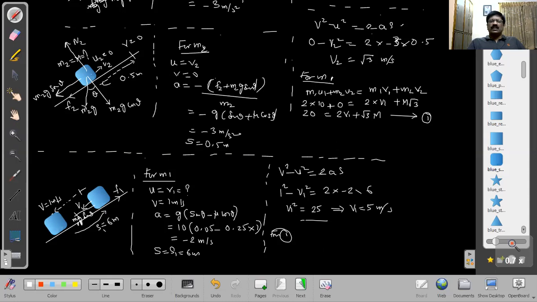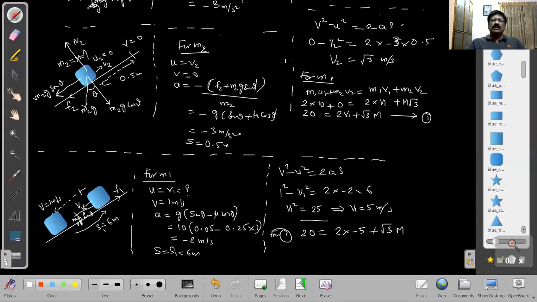That's why while substituting the v1 value in this formula, we substituted minus. That's why from 1, 20 is equal to 2 into (minus 5 plus root 3 m).